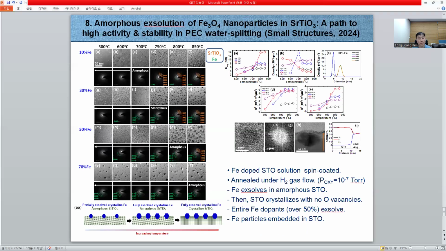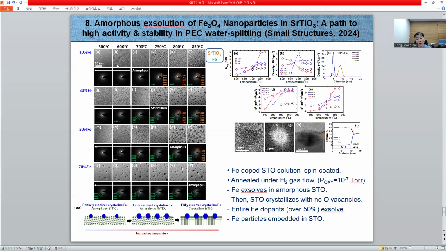For PEC water splitting, iron oxide Fe3O4 is highly efficient on the strontium titanium oxide system because it has a relatively small band gap, so it absorbs a wide range of light wavelengths, and it also forms type 2 band alignment with strontium titanium oxide electrodes.